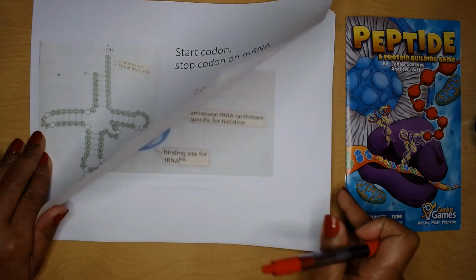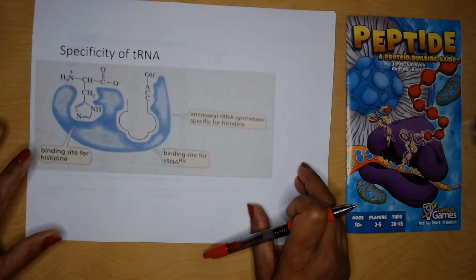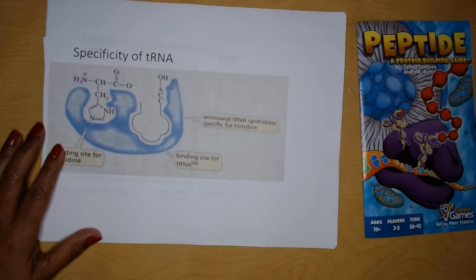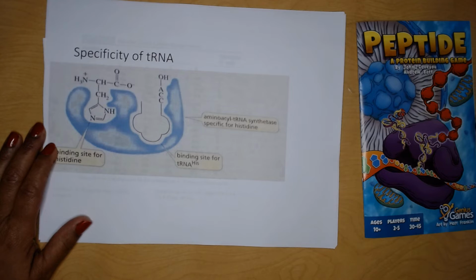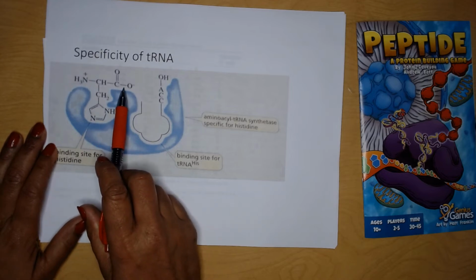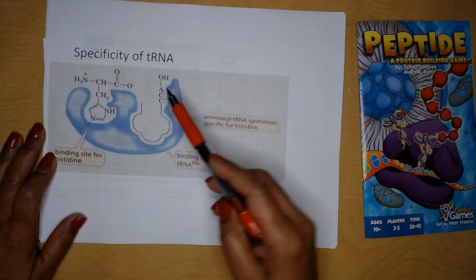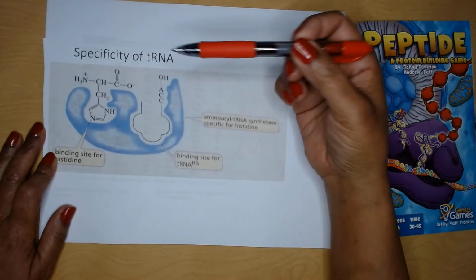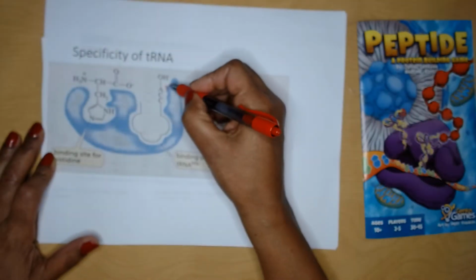And I want to show you this picture that I like a lot, in which the reaction between the tRNA and the amino acid is the formation of an ester bond. In this case, this is the amino acid histidine that is going to react with the 3' OH of the tRNA. So this is the 3' OH.